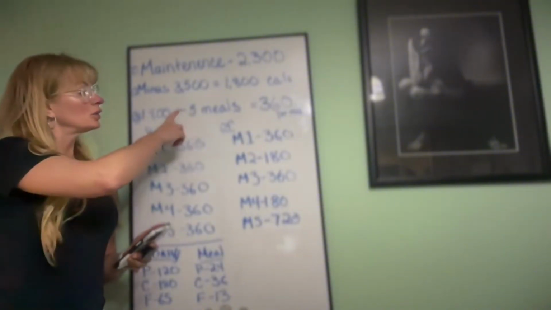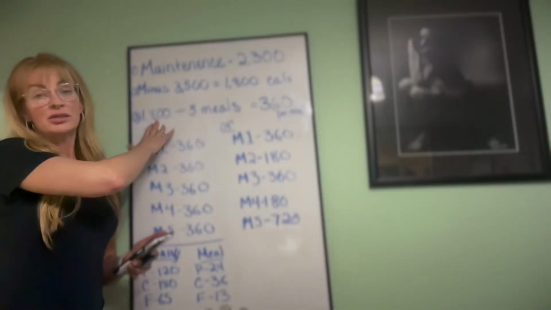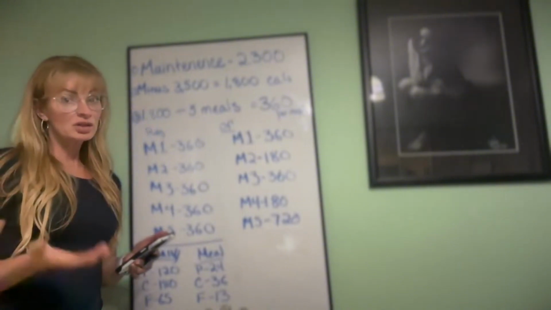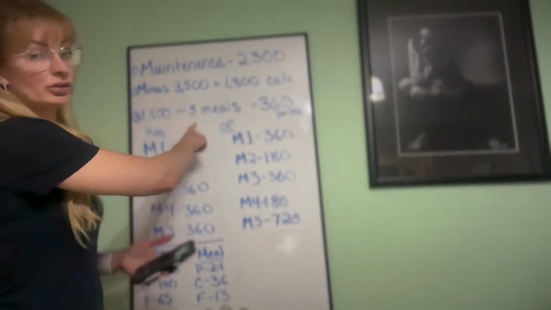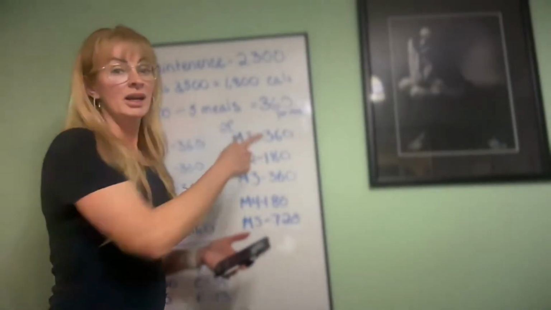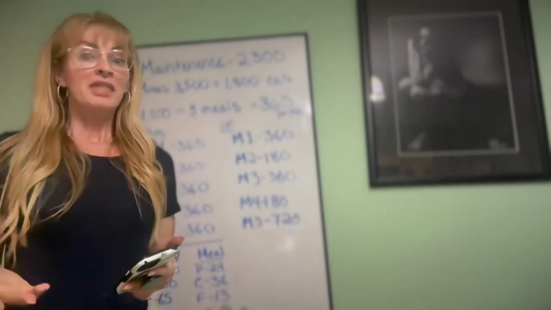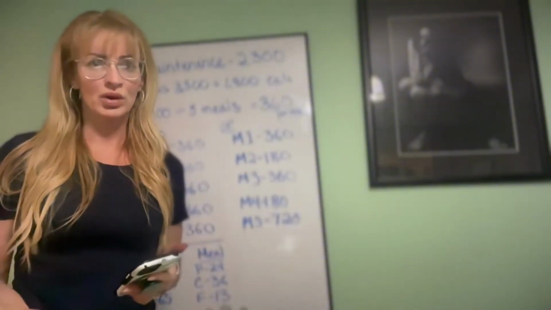Okay. So I like to eat 5 times a day. I know that I have 1,800 calories to work with. So it's pretty simple: I'm just going to divide 1,800 calories by 5 meals. That gives me 360 calories per meal. Now, that is just a working number to start with.